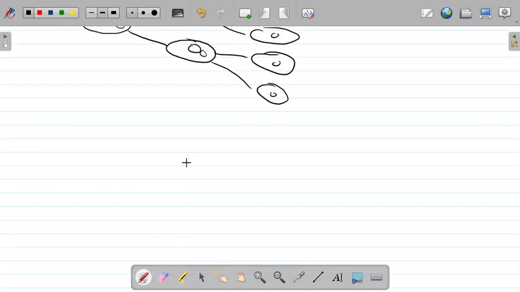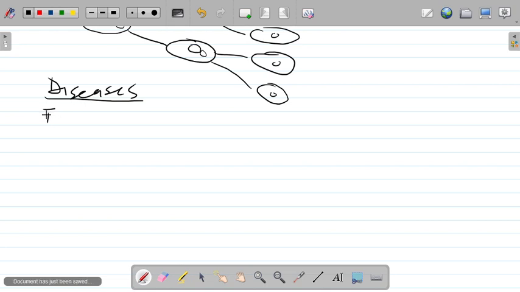And then, lastly, let's look at the diseases that they cause. Or the disorders that they cause. What are the diseases caused by bacteria? I think for some time now, we know of tuberculosis, Mycobacterium tuberculosis.